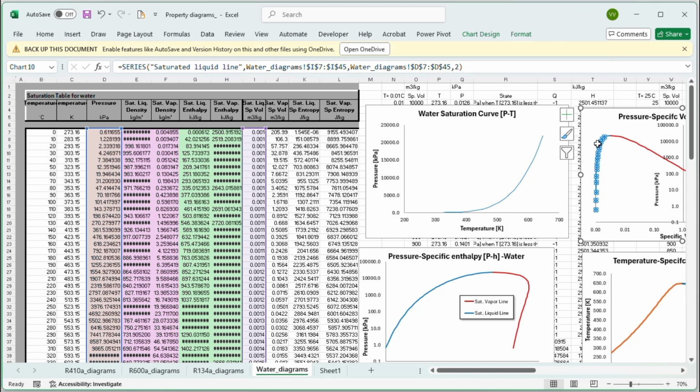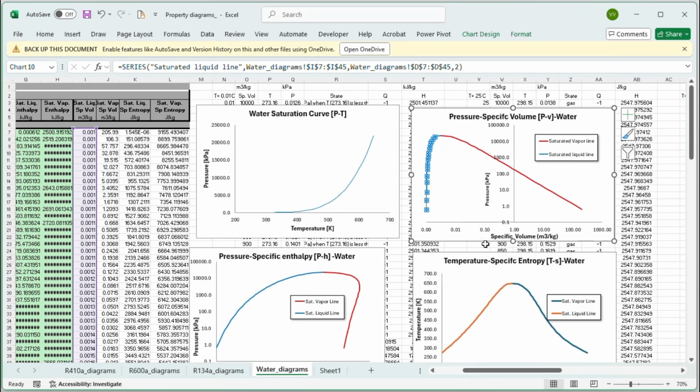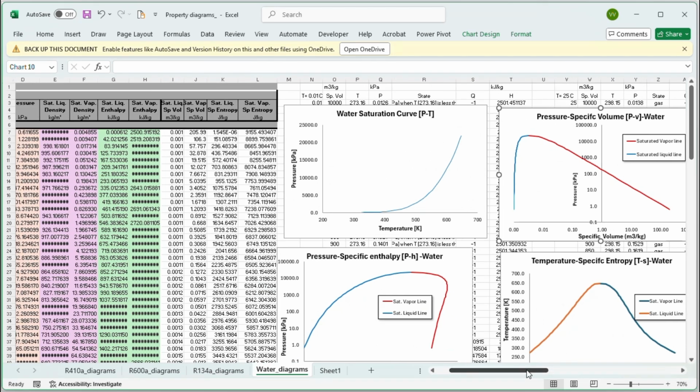Then you create the blue line by only calculating the specific volume of liquid, which is really low. And you probably have to use a logarithmic axis because the range of volumes are so far apart. Vapor has such a high volume compared to liquid, especially for water, that it's hard to plot them on the same graph on a linear scale. So you change the scale to logarithmic and you get that shape.